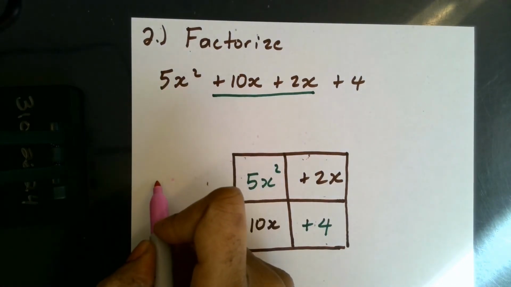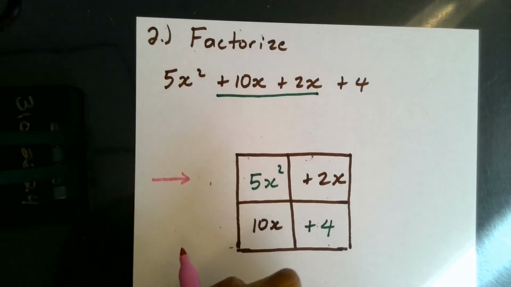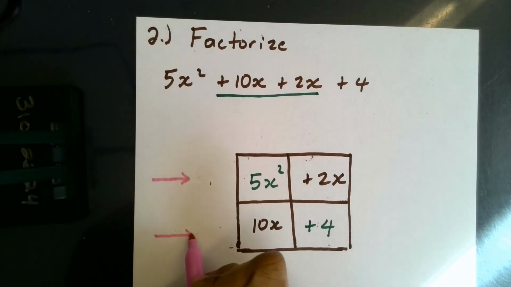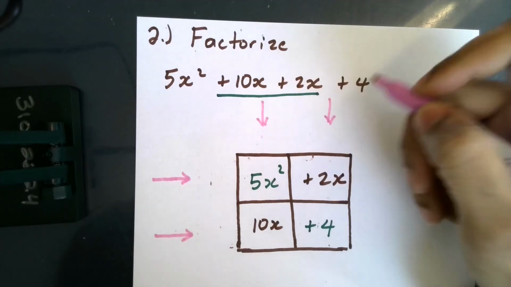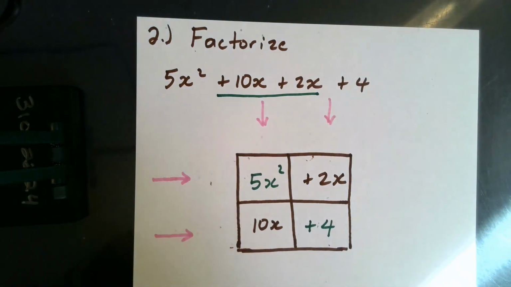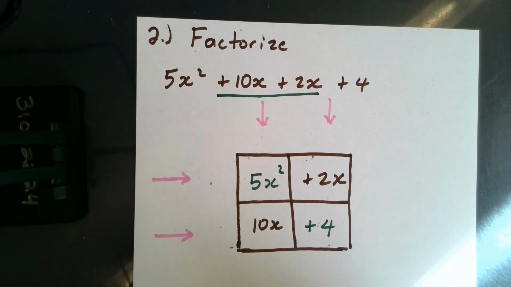I'm going to use arrows to help us to know which two terms to find the GCF of. So the purpose of an arrow is for us to know which two terms I need to find the GCF of.